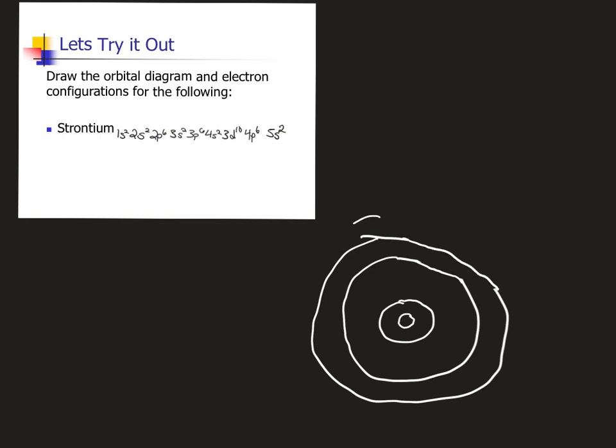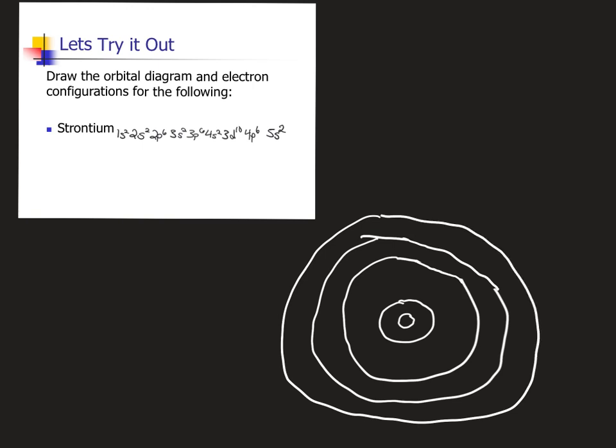Now the 5th and the 4th one technically can not only have 18, but can have 32. We're not going to get there yet, but we will. And so things can get pretty crowded real fast. And that's why knowing what you're doing helps out when you're drawing these. Lots of practice helps out too.